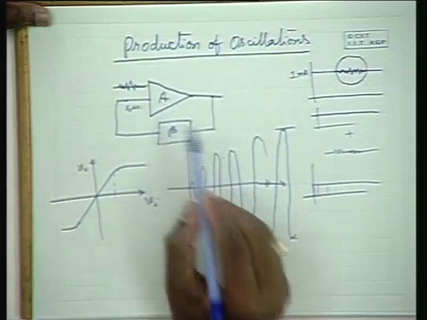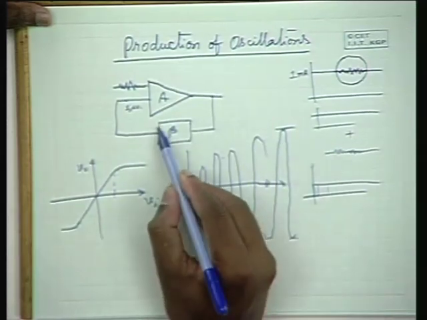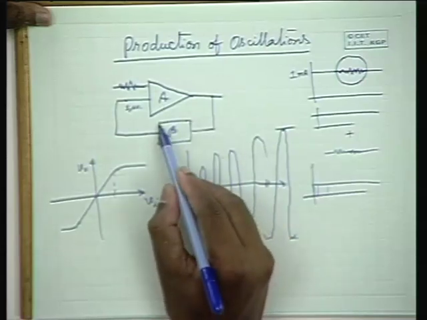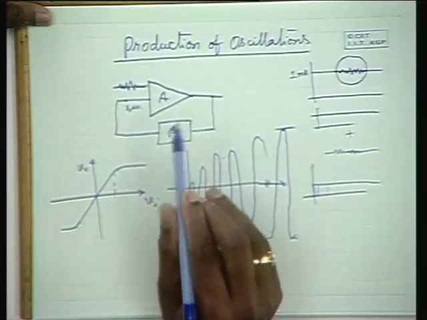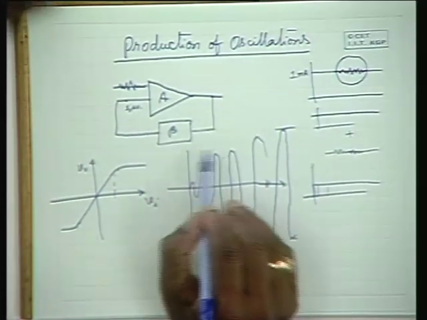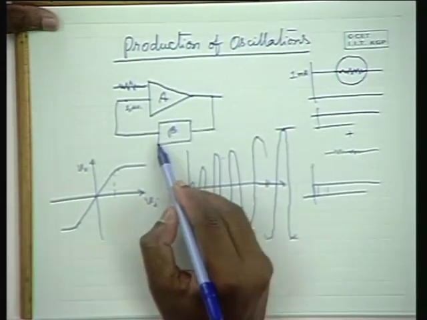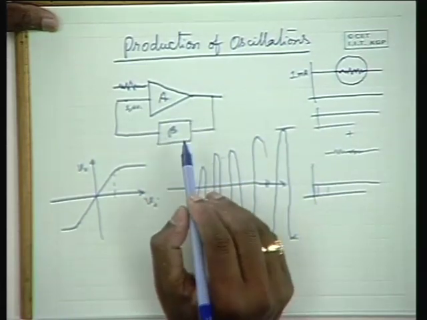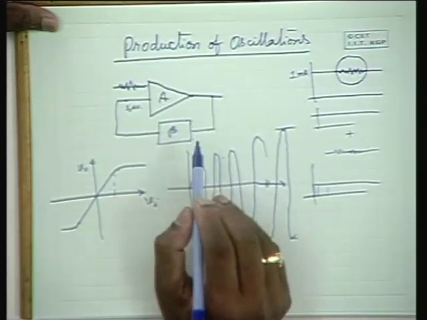So what is the order? It is of the order of a few microseconds. It depends, it runs into milliseconds, because usually this beta network is a narrowband network, and the transient response is large, because of which it takes some time.